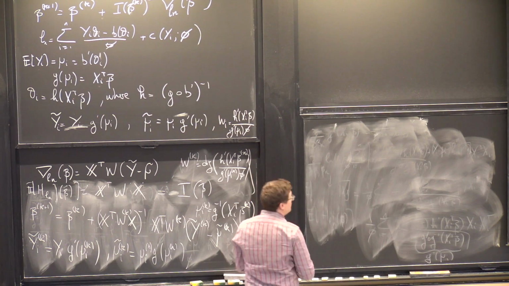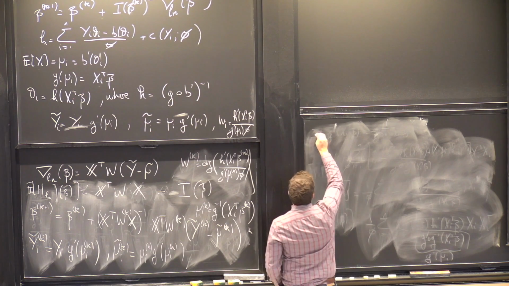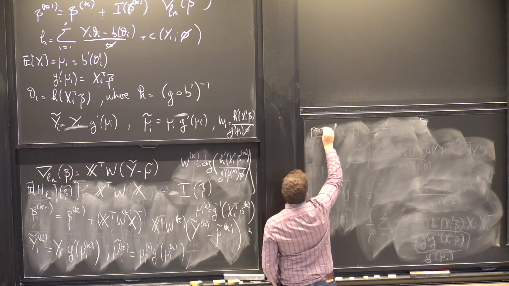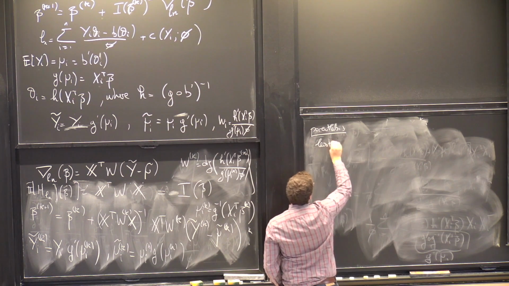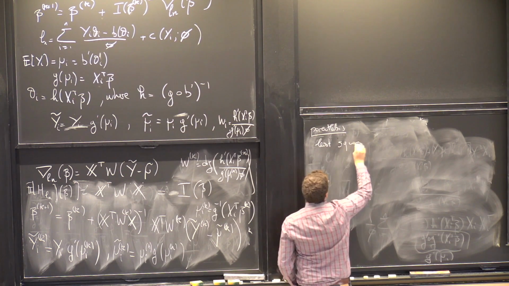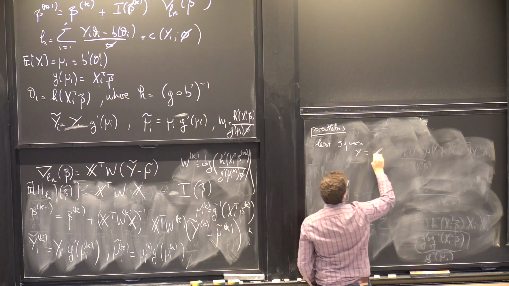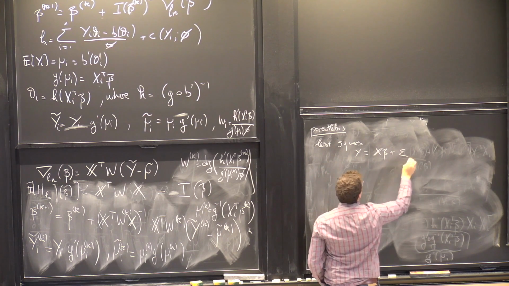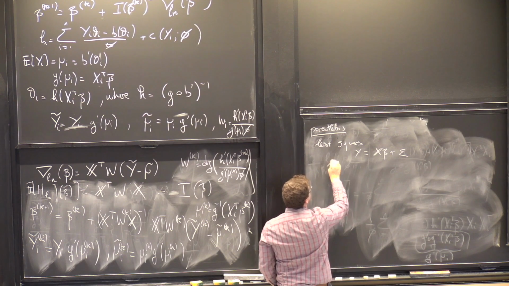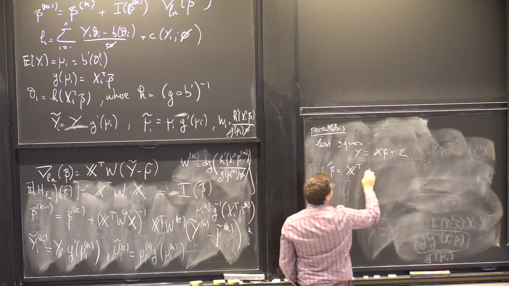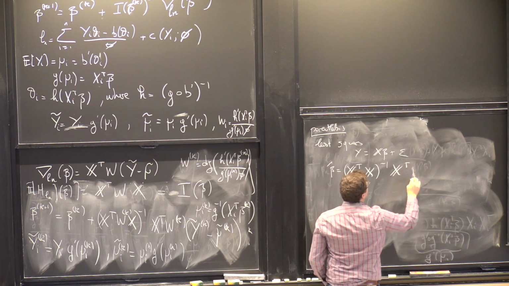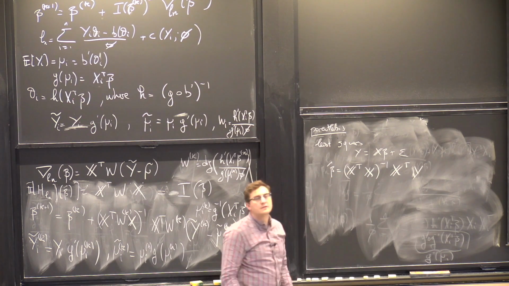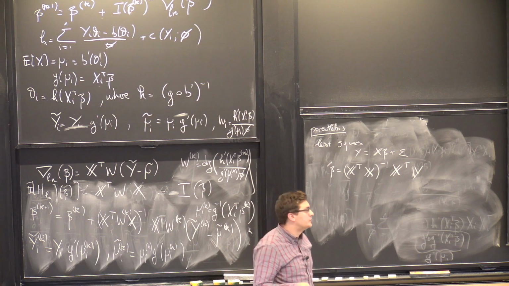Okay. So when we did the least squares, in parenthesis, we had y equals x beta plus epsilon, and our estimator beta hat was x transpose x inverse x transpose y, right? And that was just solving the first order condition.